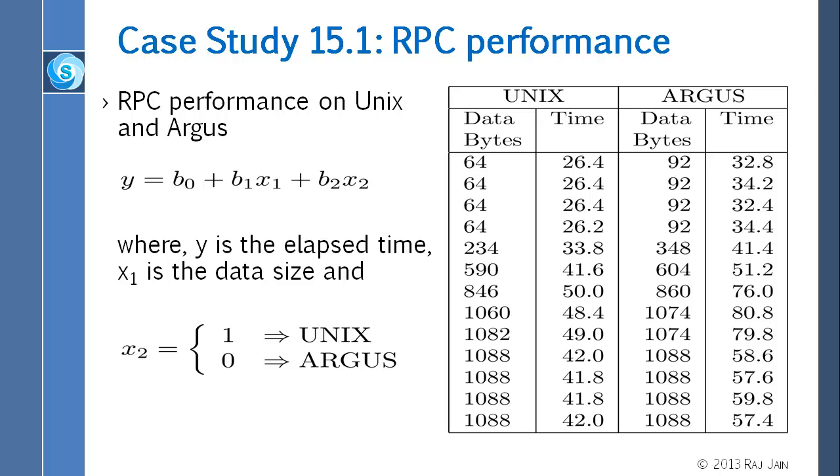And if we were just doing it for Argus, then the model would be B0 as the setup cost and B1 as the per byte cost. So we are assuming for both cases the same per byte cost. The setup cost is different. So we are assuming different setup cost but the same per byte cost, and that is this model.